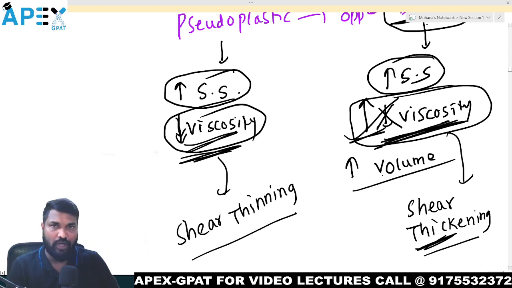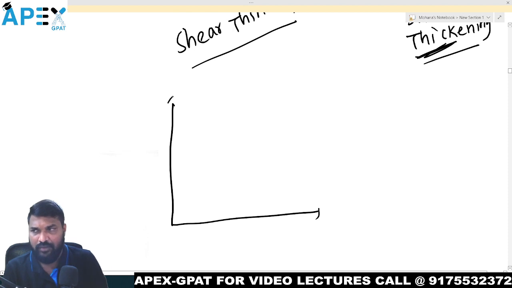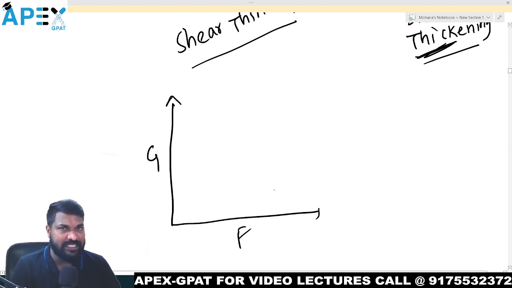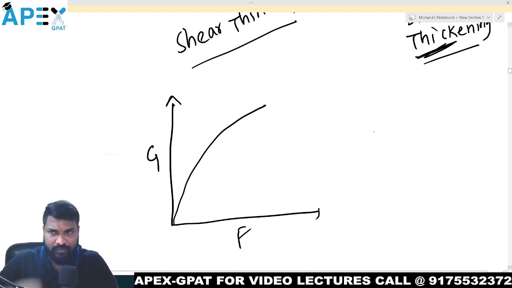Now the graphs are also opposite. Can you tell me what graph we drew for the pseudoplastic system? This is the graph. Opposite means the graph will become the opposite now.